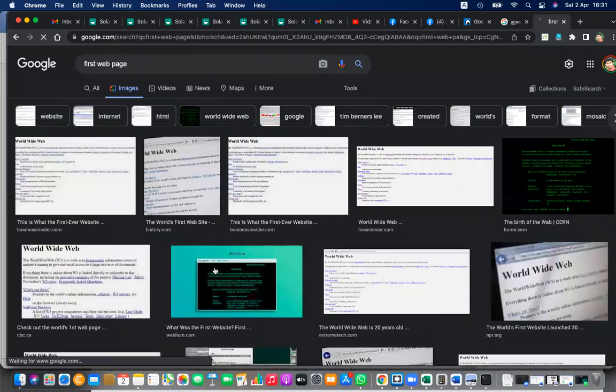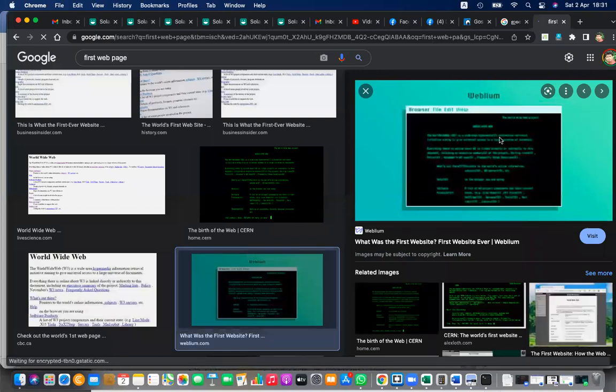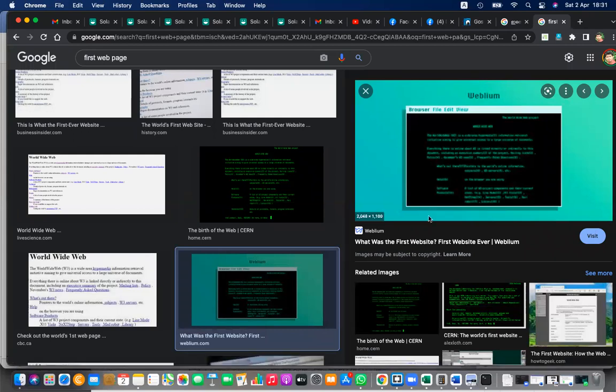The first web page. Actually, it was a CLI, Command Line Interface website. Yes, by Tim Berners-Lee, correct. He's the father of the web. He's still living, right?